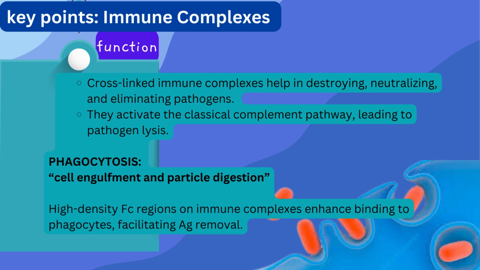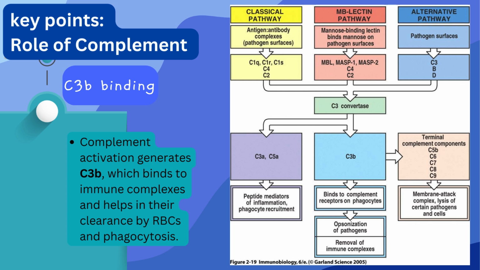It leads to the process of phagocytosis, so cell engulfment and particle digestion. So high density FC regions and immune complexes really enhance and increase binding to phagocytes. Hence, phagocytosis allows the removal of antigens.